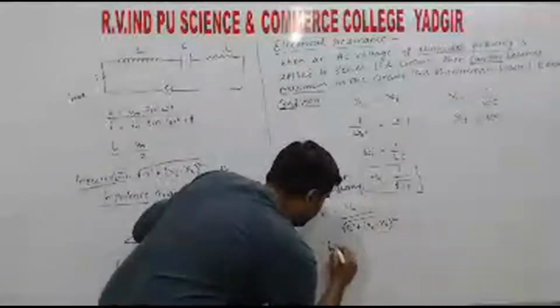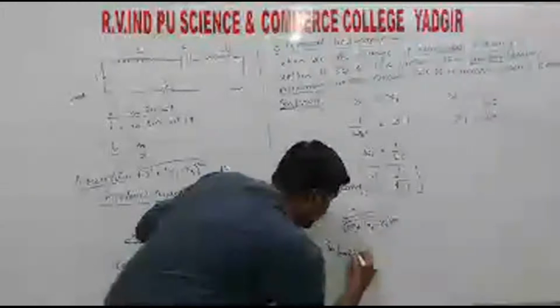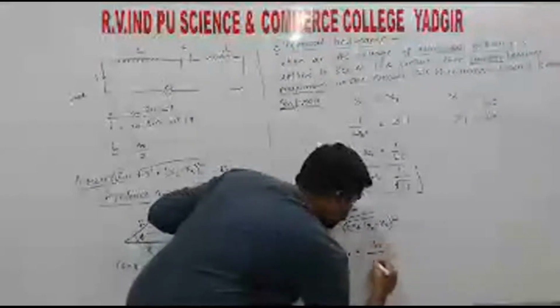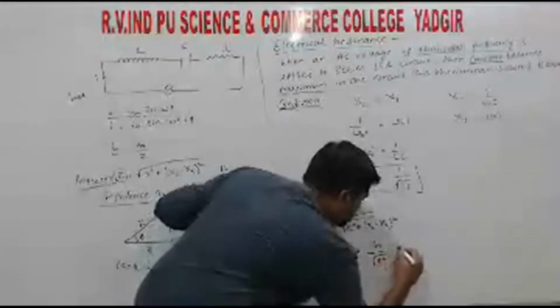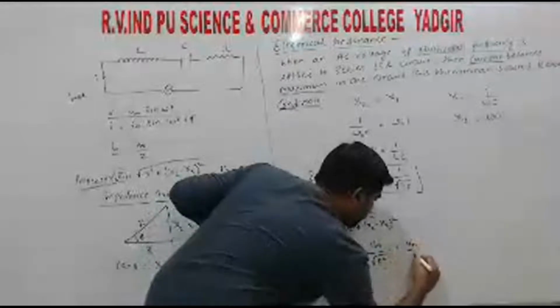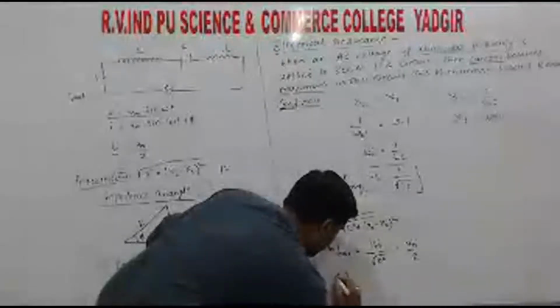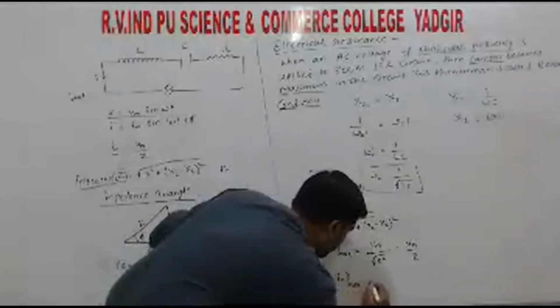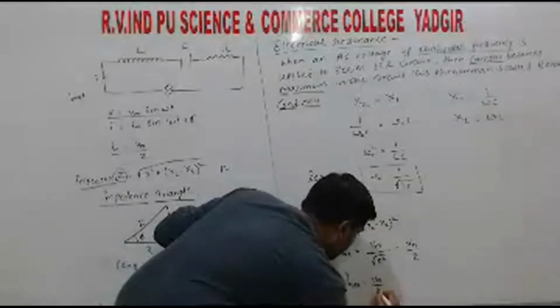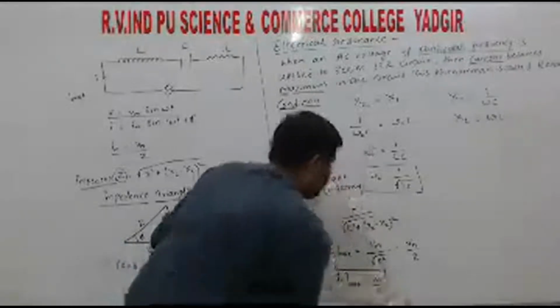So at that time Im max is equal to Vm divided by under square root of R square, that is equal to Vm divided by R. Right? So we are getting the maximum current in the circuit. Im max is equal to Vm divided by R.